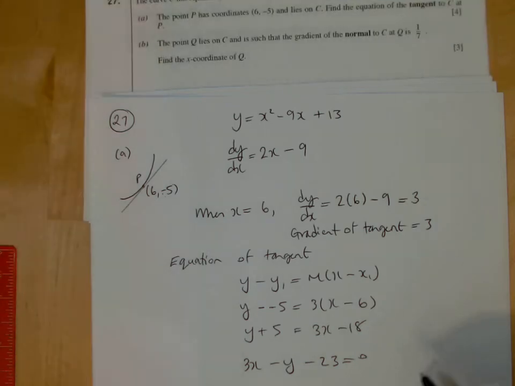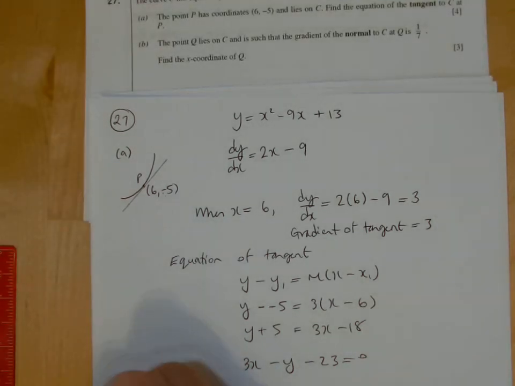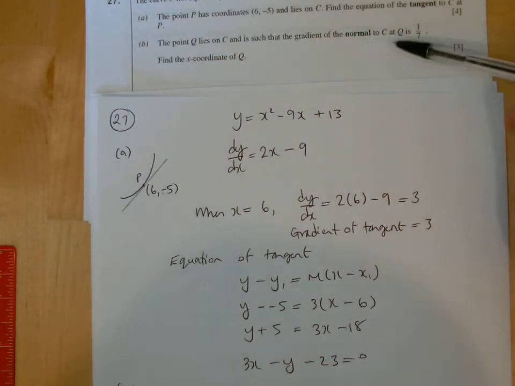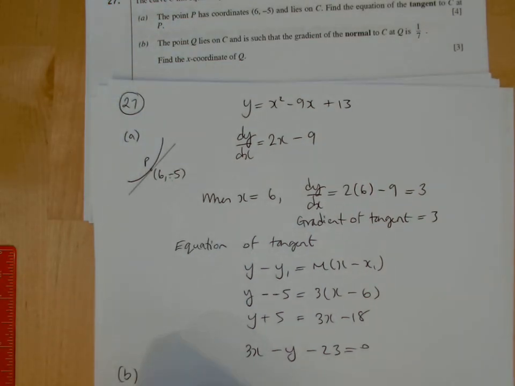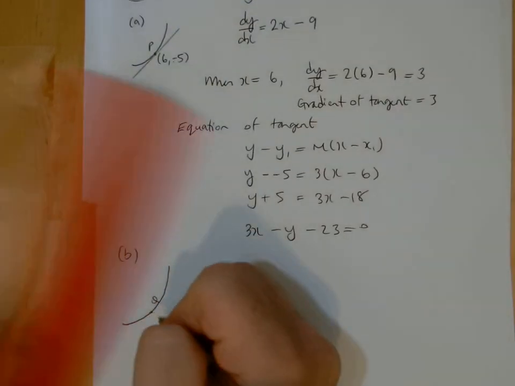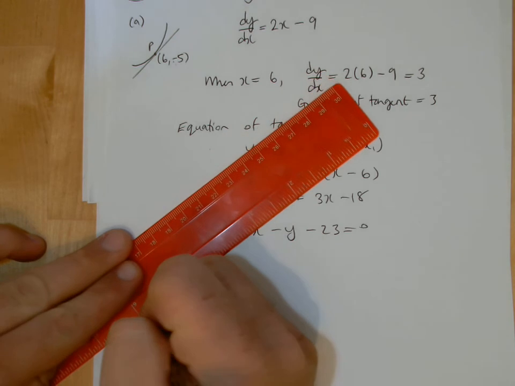Part B then, it says the point Q lies on the curve such that the gradient of the normal to C at Q is 1/7. Find the x coordinate of Q. So, if I do another little sketch here, and I'll consider point Q, now it's saying the gradient of the normal, and remember the normal is perpendicular to the tangent.